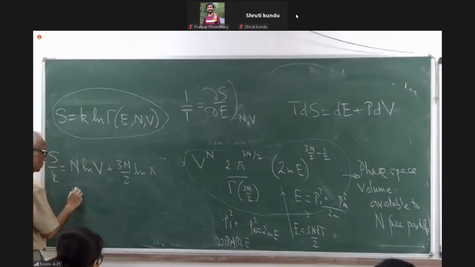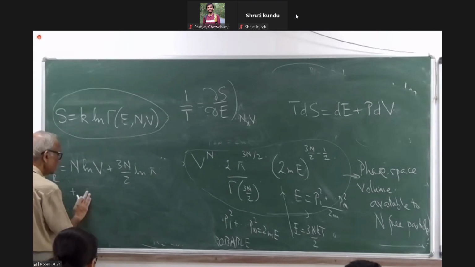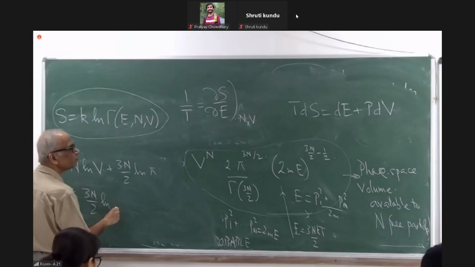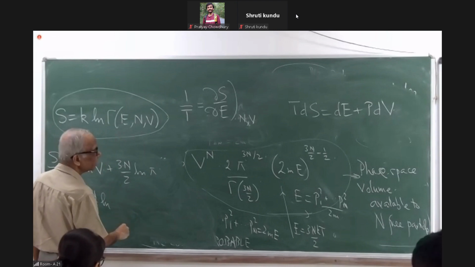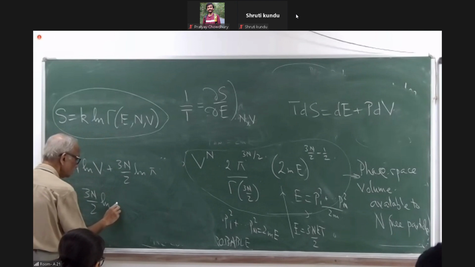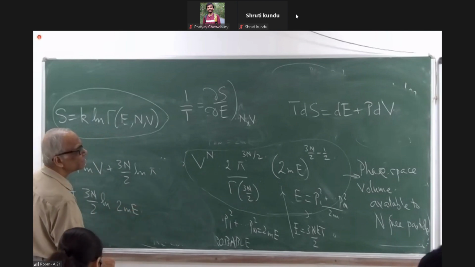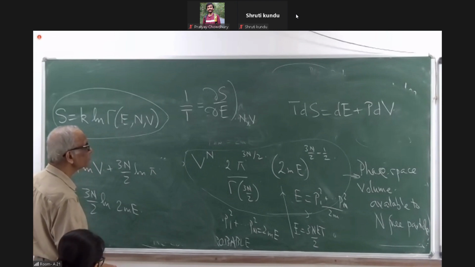Here is where the issues are: 3n by 2 log of 3n by 2. I'll drop the half in comparison to that. So it is 2mE, and that's these dimensions.